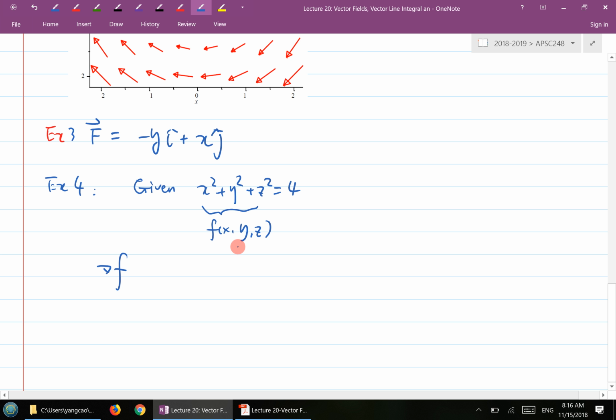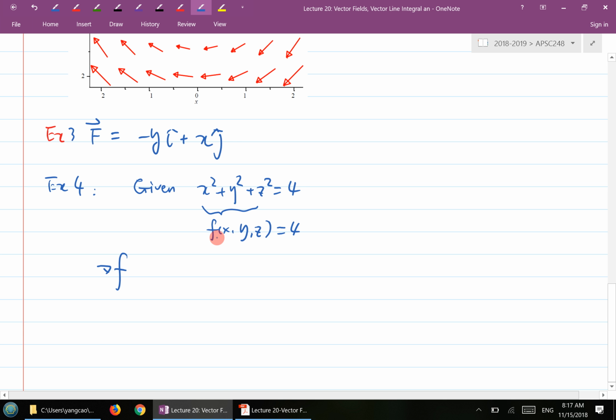Basically, what I just gave here is a function f equal to a constant 4. And if you recall, when we learned multivariable functions, when you have a function equal to a constant, that represents a concept called a level surface. Good, right?